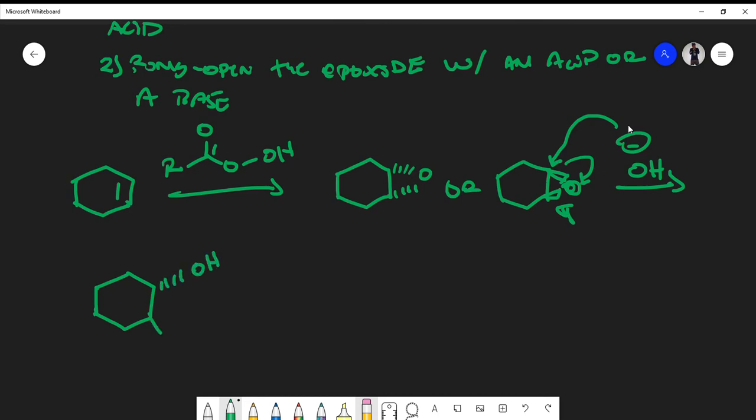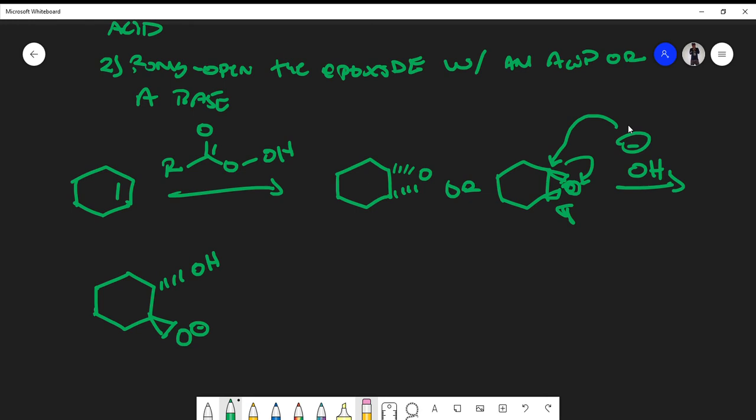But remember now, we said it's anti-dihydroxylation. And so notice that we're saying that the OH group and the other OH group end up on different sides. So they should have different stereochemistry. If one is going up, one should go down. Or if one is going down, one should go up.